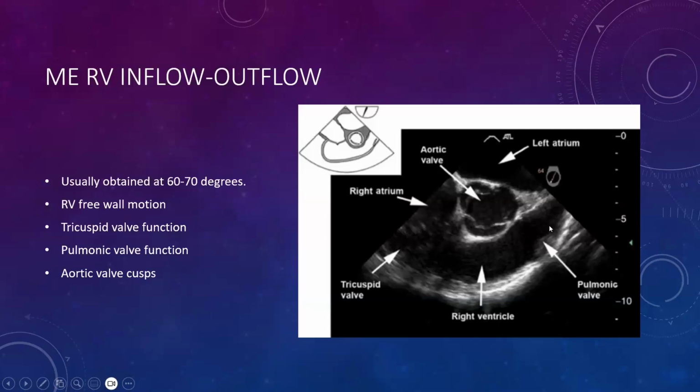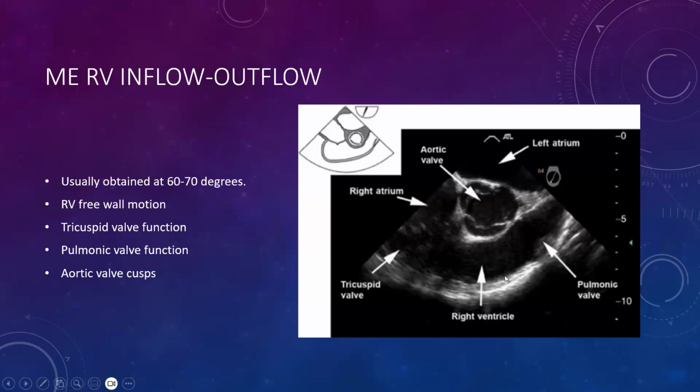What your focus is on is this RV, right? So chamber closest to the probe, your left atrium, interatrial septum here, right atrium, tricuspid, your RV, your pulmonic valve. And you can really see free wall motion of your RV, which is very important. One of the pathologies that you have to be able to rule out in someone who is arresting, to me, is going to be a pulmonary embolism.